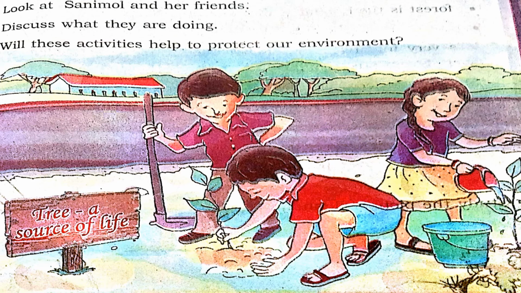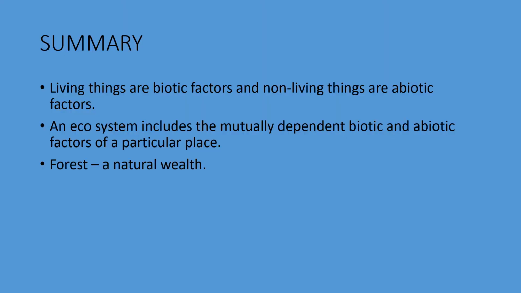We saw that both living and non-living things depend on each other in an ecosystem. Human beings and other living things can survive only if the ecosystem is sustained. Let us summarize.